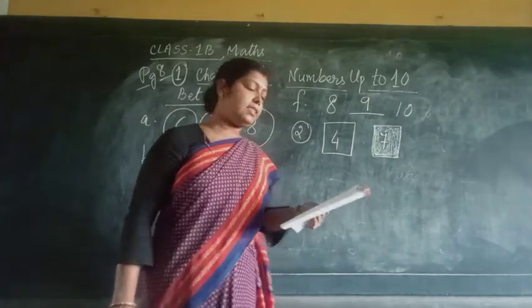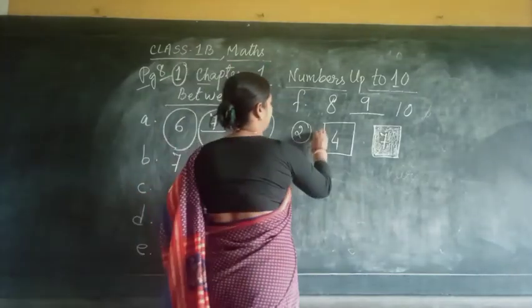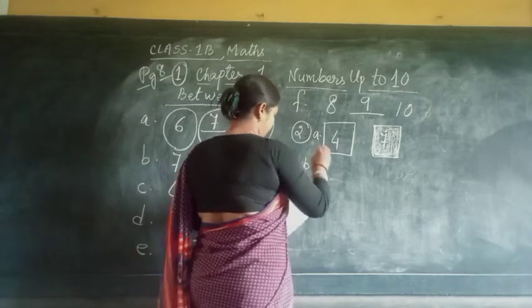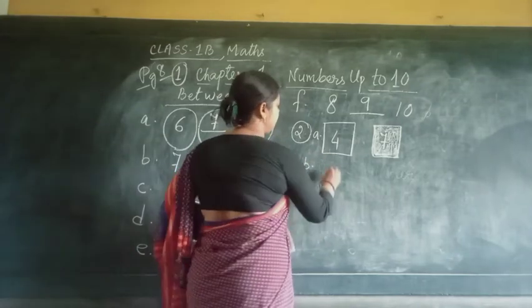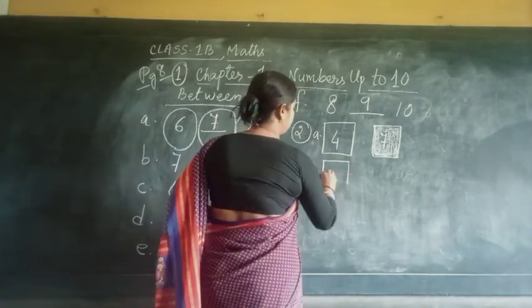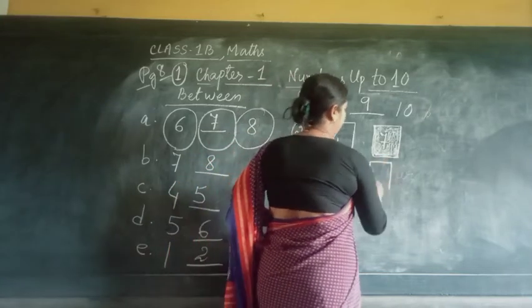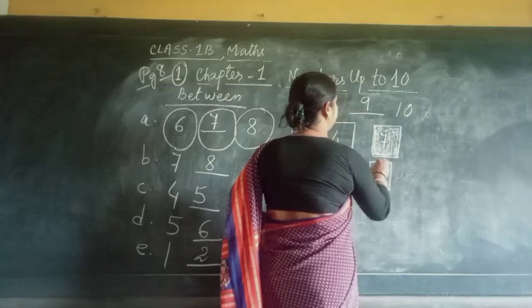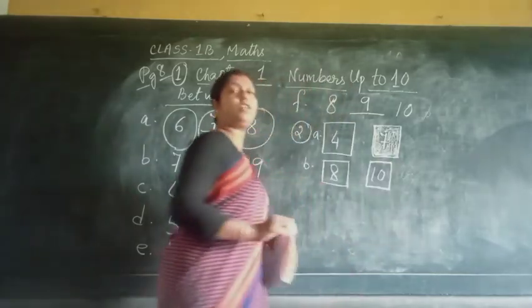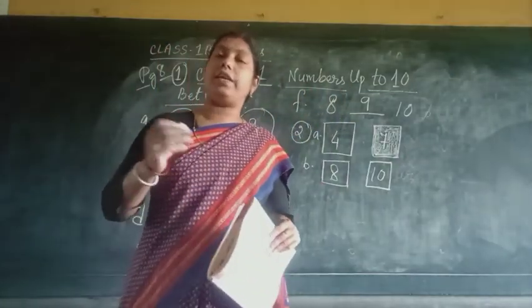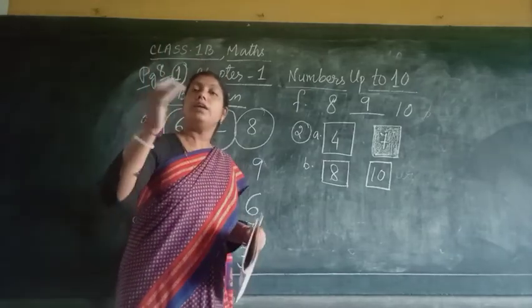Next, number 8 and 10, only two I will show you. The rest you can do yourself. Draw two boxes, 8 and 10. So which one is the greater number? We have to color the box with the greater number green.